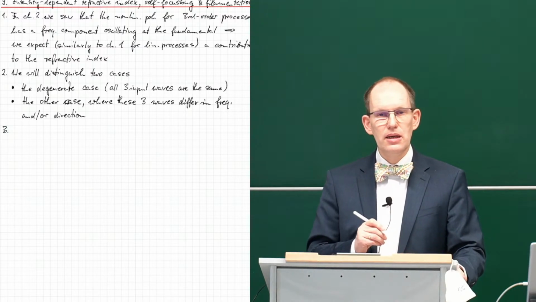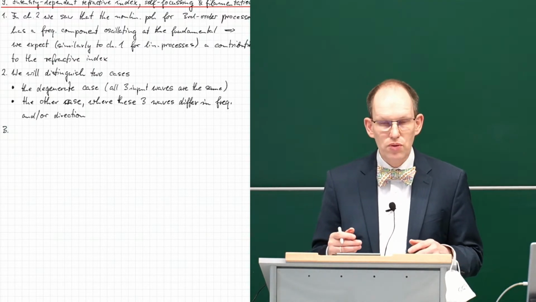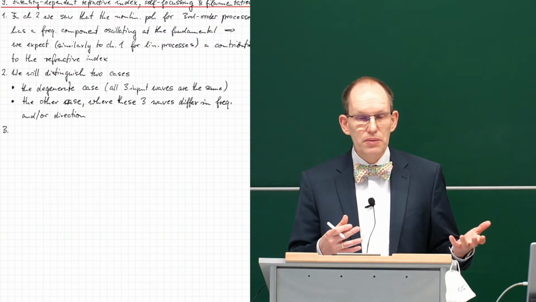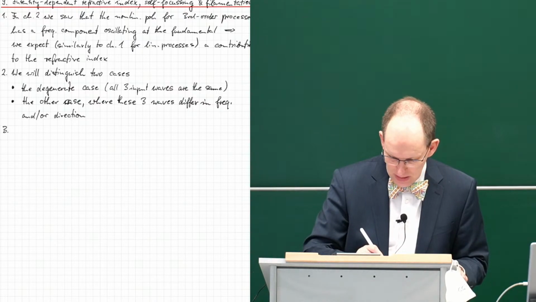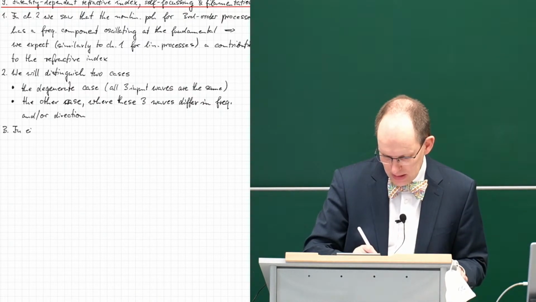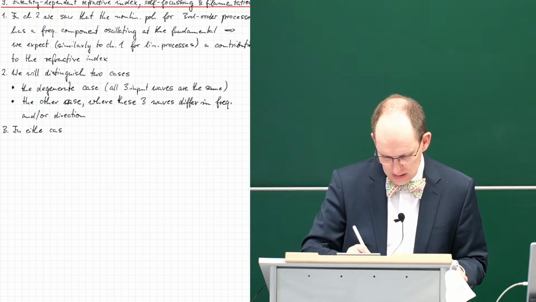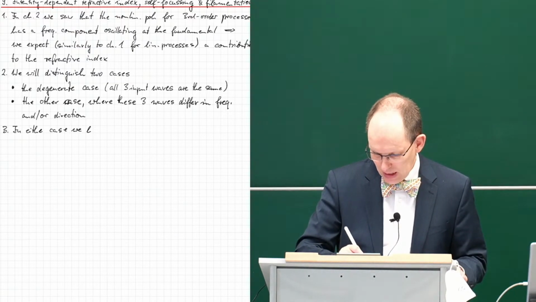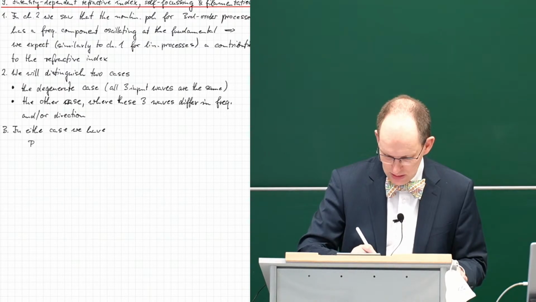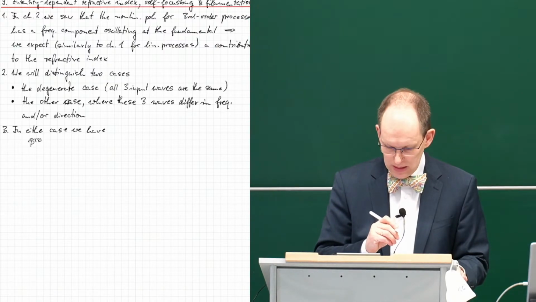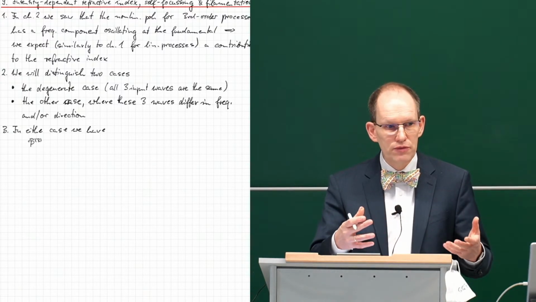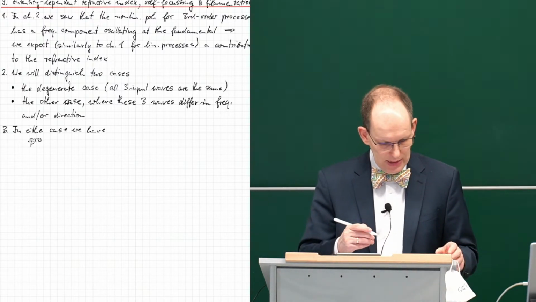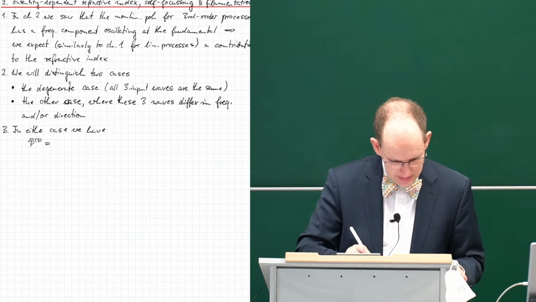Well, in either case, the nonlinear polarization is, of course, given by the term that we already saw in this reminder with which I started this lecture. So in either case, we have for the third order nonlinear polarization, so the tilde once again indicates that we are in the time domain and that we have the full temporal dependence.